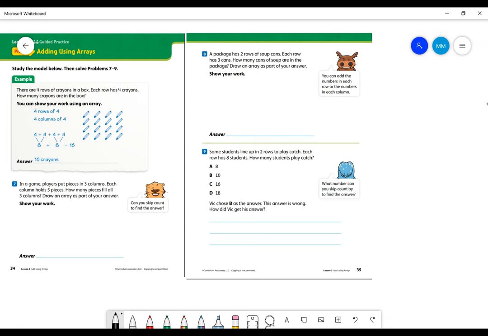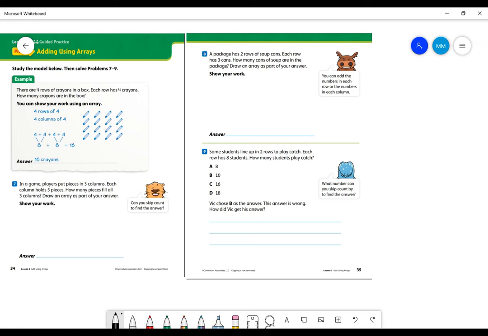So 4 plus 4 is a double. That makes 8. 4 plus 4 also makes 8. 8 plus 8 is a double. That makes 16. So altogether, there were 16 crayons. Crazy. So we know that if we see 4 rows of 4 or 2 rows of 2 or 3 rows of 3 or 5 rows of 5, we will have at least one doubles fact.